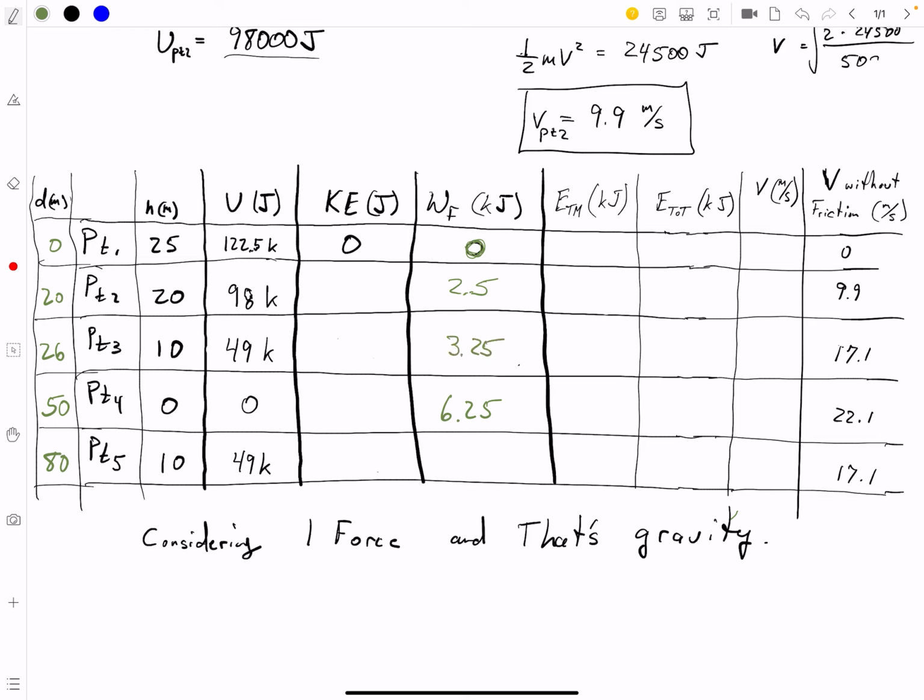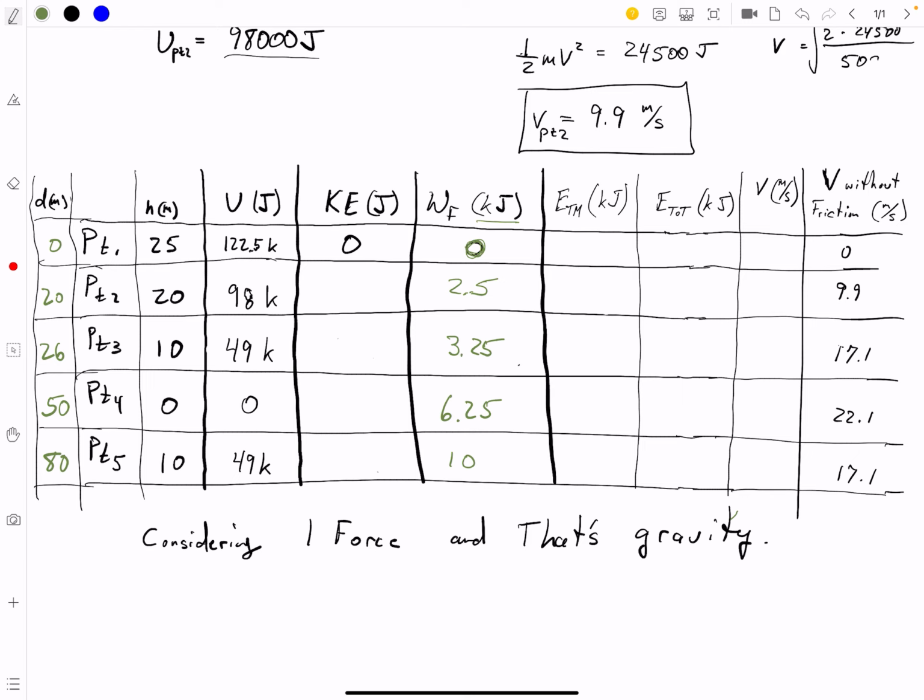And 80 times 125, and that's 10,000. Okay, kilojoules. I've written it in kilojoules up here. Okay, so good.